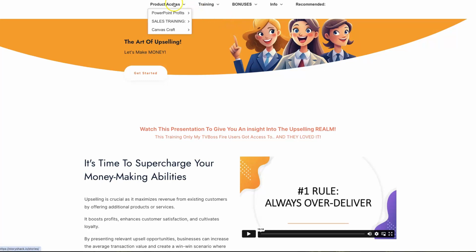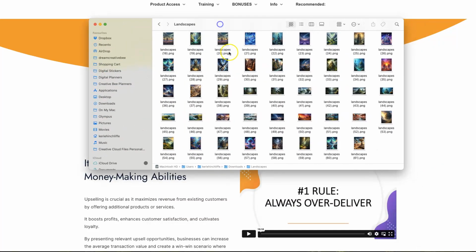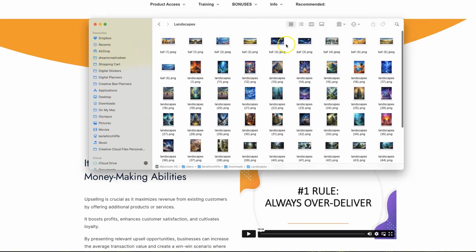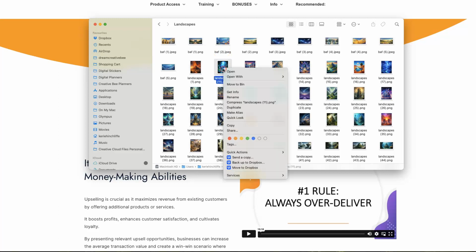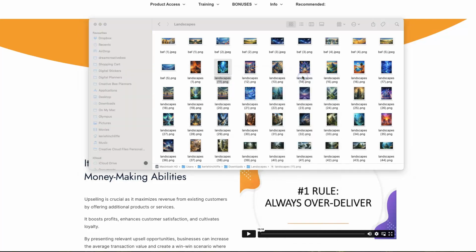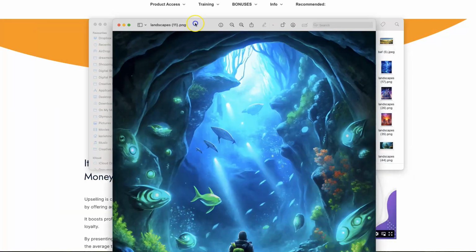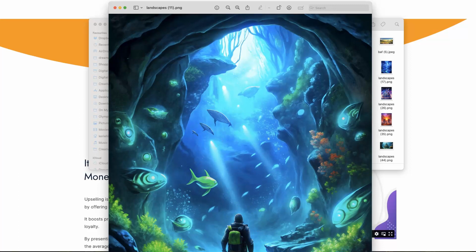I think it was that original video there, and then some documents to go through about how to upsell. And then the next one is OTO 5, which is this Canvas Craft members. And basically it's big AI images. It's all sorts of images that you can use to put on your quizzes, your PowerPoints, all your different products, and they're pretty good. I don't think I've seen some that are that good a quality before.